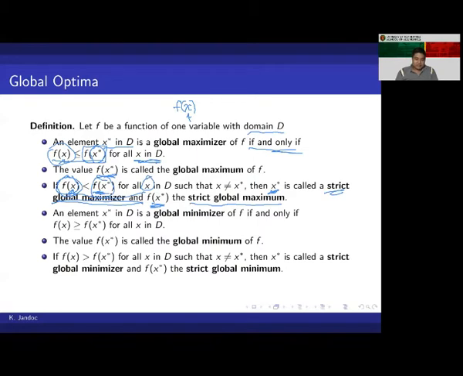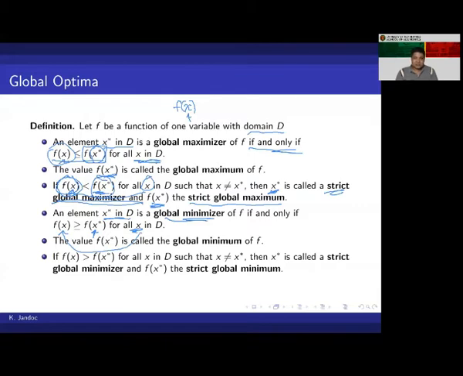So analogously, we have the global minimizer whenever you find an element x star in the domain D, and when you plug in x star in f, it will constantly yield a value that's always lower than or equal to all other x's in the domain D. So think of any other x in the domain, plug it in the function.